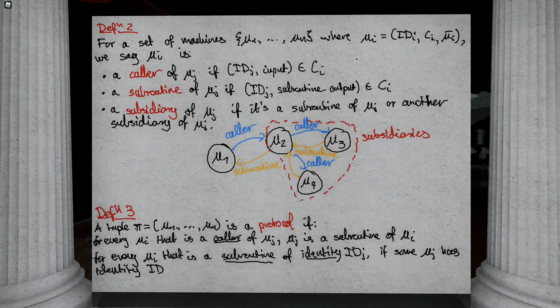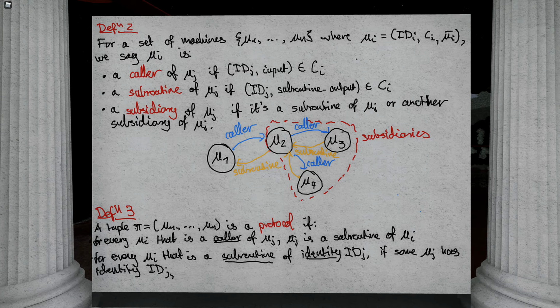So if our machine is a subroutine of some identity and our protocol includes that machine, then it has to be a subroutine of that machine and not some other machine.